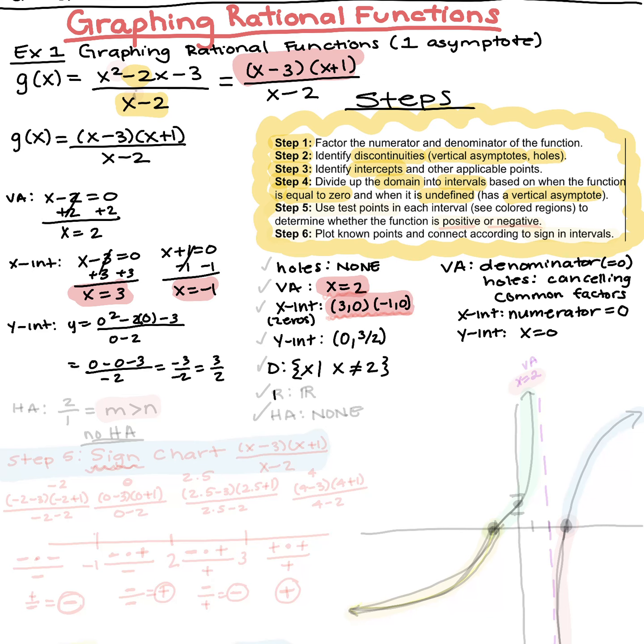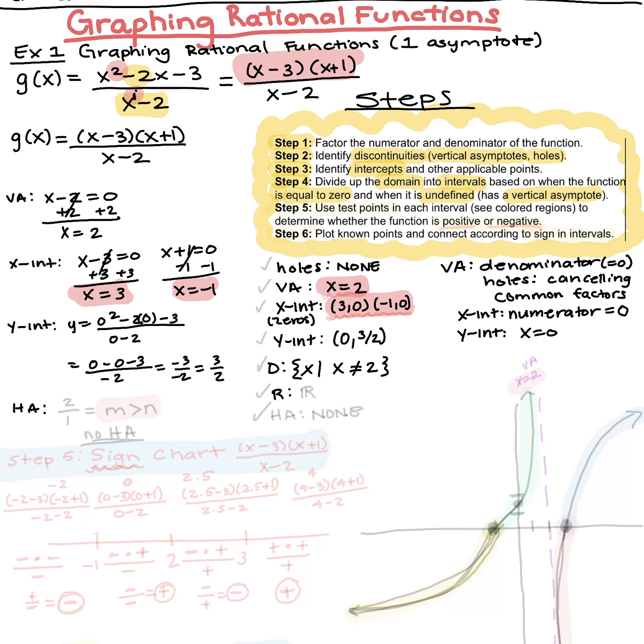Now, for the range, that one's easy. Because do we have a horizontal asymptote here? Well, for the horizontal asymptote, let's check it out. We get the highest degree in the numerator and the highest degree in the denominator. So here it's a 2, and here it's going to be a 1.